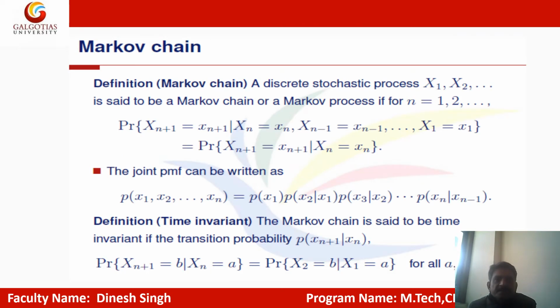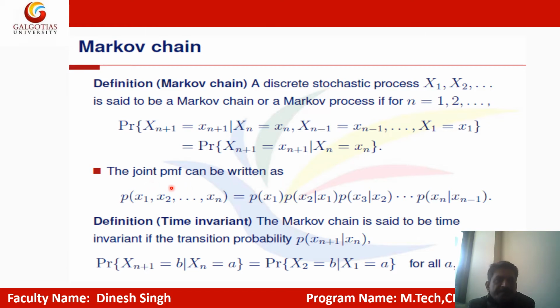Markov chain. A discrete stochastic process X1, X2, ... is said to be a Markov chain or Markov process if, for n equal to 1, 2, ..., the probability that X of n plus 1 equals x of n plus 1, given X of n equals x of n, up to X1 equals x1, is the same as the probability that X of n plus 1 equals x of n plus 1 given X of n equals x of n.